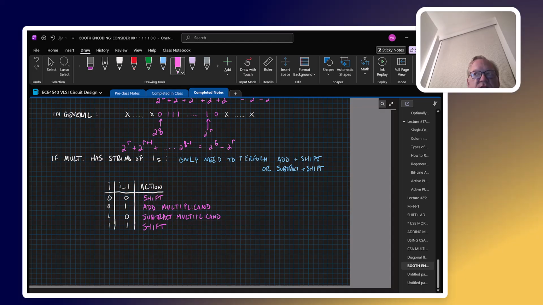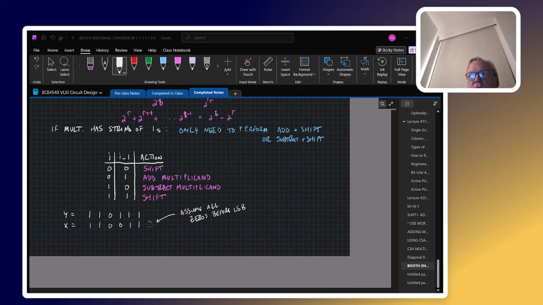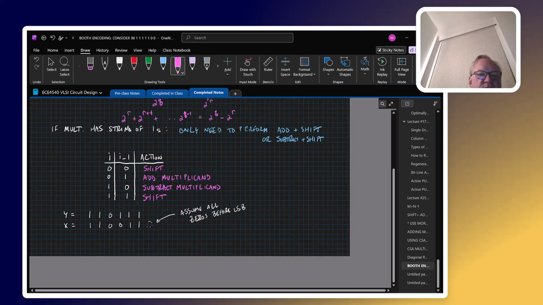All right, so let's look at an example. We're going to assume that we're multiplying 110111 by 110011. In the case of the multiplier, we're going to assume that all of the bits before the LSB were zeros. And so we're just going to compare 2 bit positions. So here we have a 1 0.